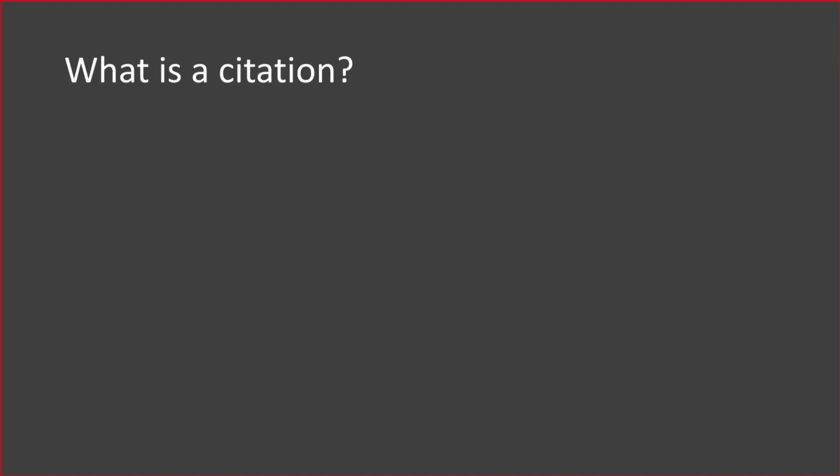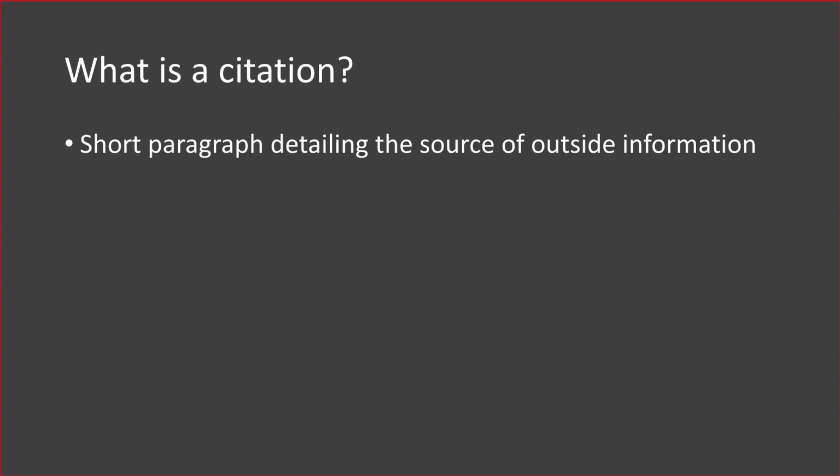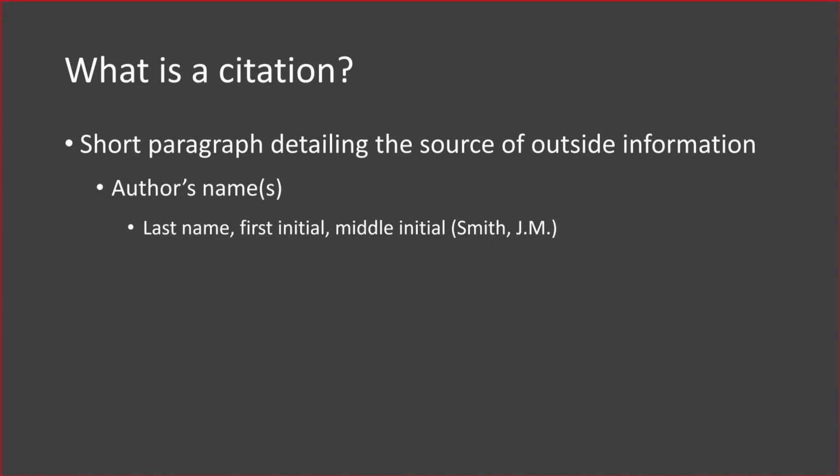All right, so the next thing we need to get into is citations. Now this is maybe one of the most important things. And we'll go on a little more detail here. So first off, what is a citation? A citation is a short paragraph detailing the source of outside information. This should include the author's name, and in APA format, it's standard to have the last name first, then the first initial, and middle initial.